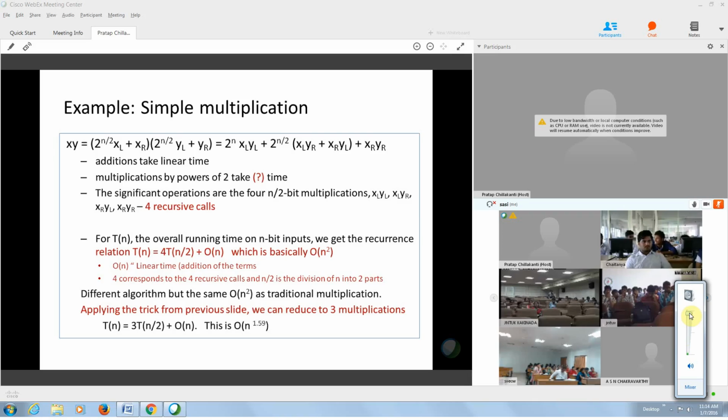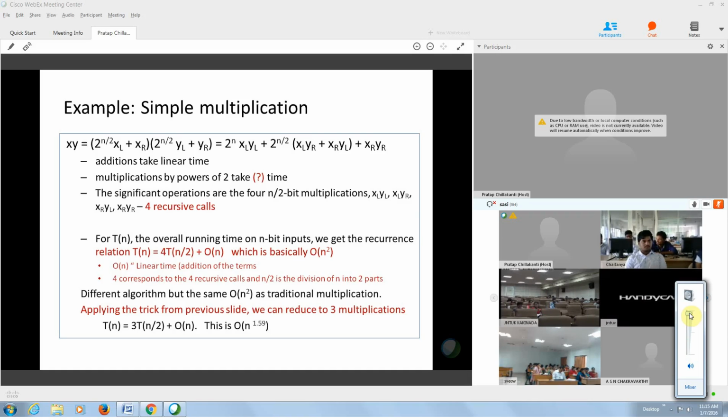Both methods would still result in essentially order of n squared. The way we learned multiplication in high school is also order of n squared, by the way. So even though the algorithm here is different, it's the same thing.